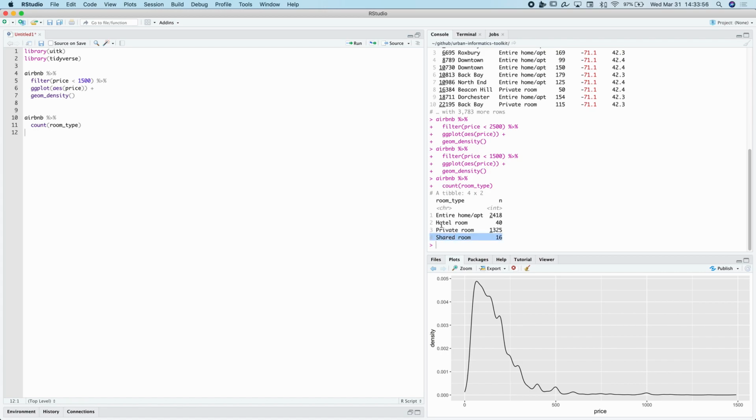So now I want to remove these, and I want to see, hey, is there a significant difference in the average price of the Airbnb listing based on private room or entire home or apartment? So let's begin filtering this out. Let's say room type is in the vector of entire home / apartment and private room.